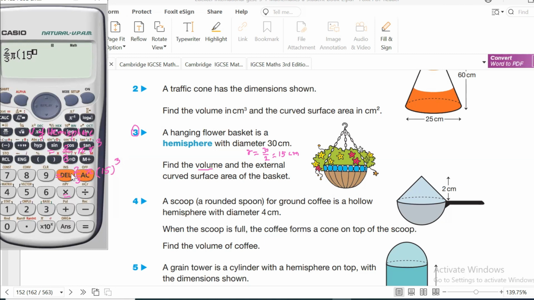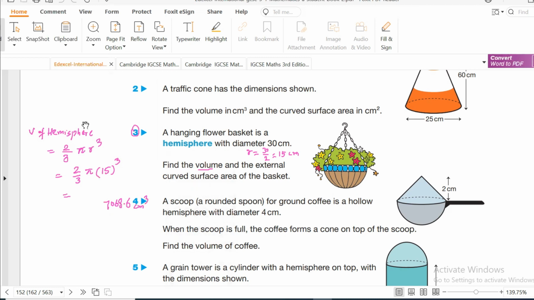I'm getting 7068.5, so we can write 7068.6, and it is in centimeter cubed, because we are looking for volume. This is the answer.